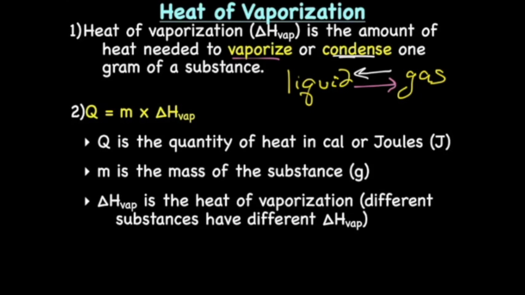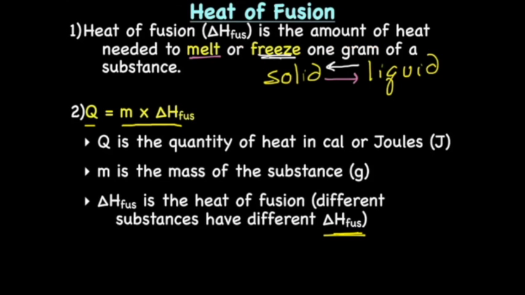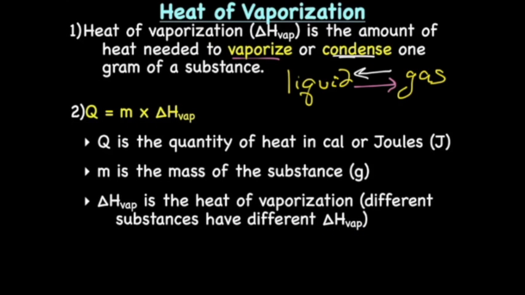We have an equation for heat of vaporization, which is exactly the same as heat of fusion, except we have Q equals mass times delta H, but this time it's vaporization instead of fusion. All right, so again, Q is the quantity of heat in calories or joules.